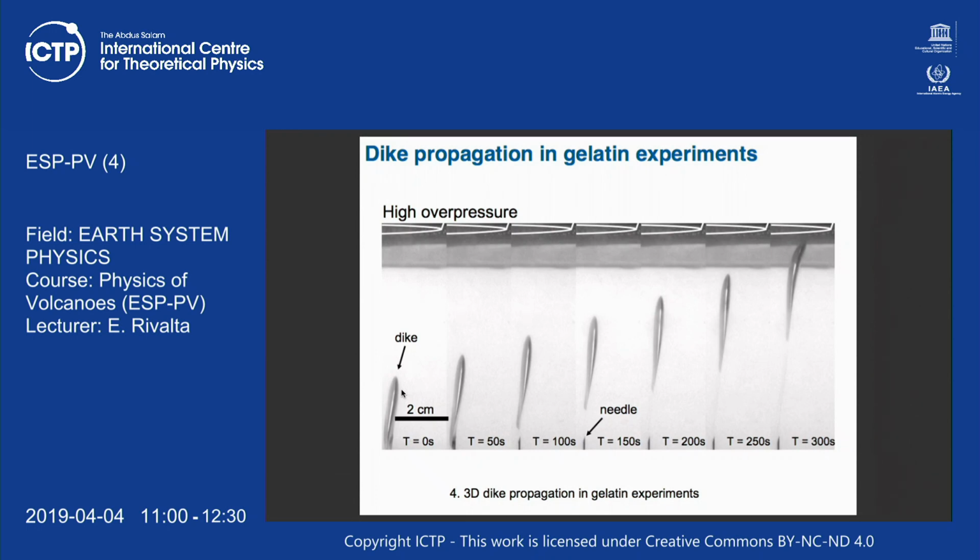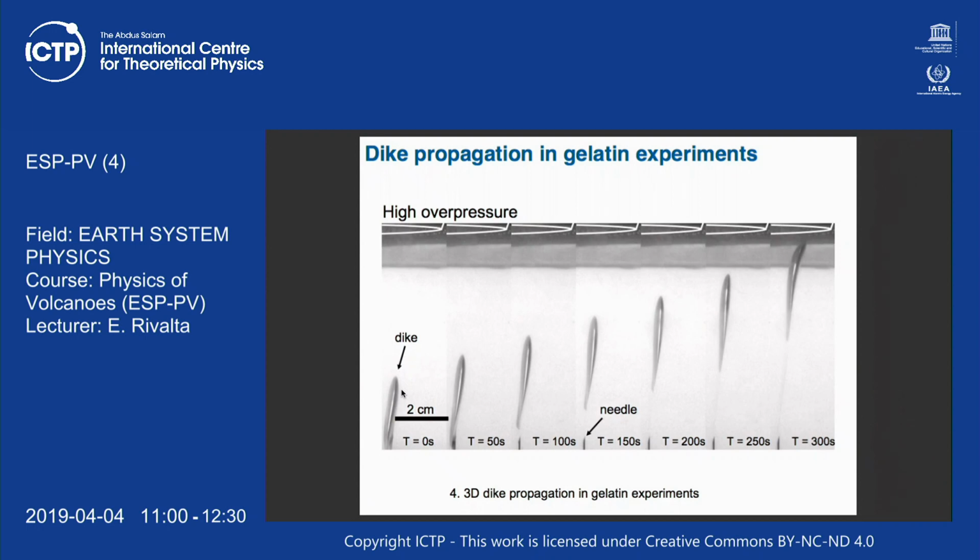If the dike is barely buoyant enough to propagate, it will be very sensitive to the external stress, and do exactly as stresses tell the dike to do. If the dike is big and full of buoyancy, it will just go its way. And then you have some intermediate cases depending on intermediate buoyancies.